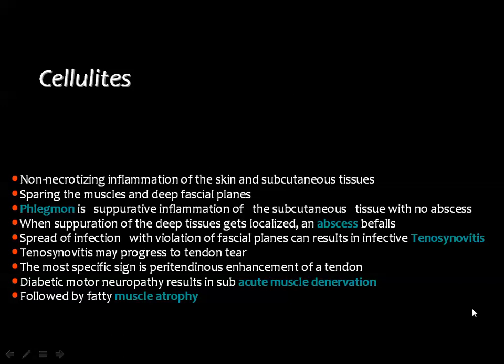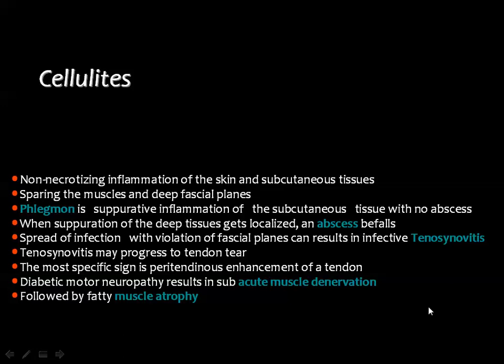When this mass liquefies and suppurates, it will result in an abscess formation, and this abscess, being intimately related to the tendons of the foot, may lead to tenosynovitis, and this tenosynovitis may result finally in tear of the related tendon.